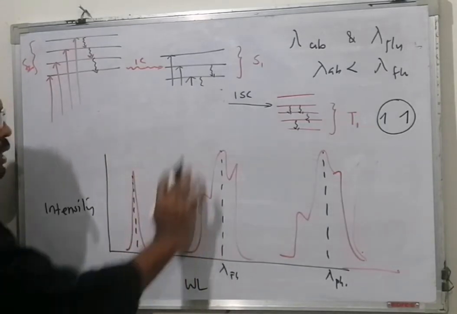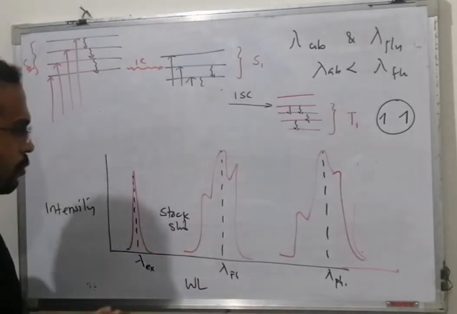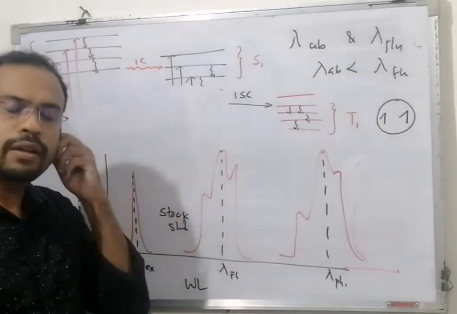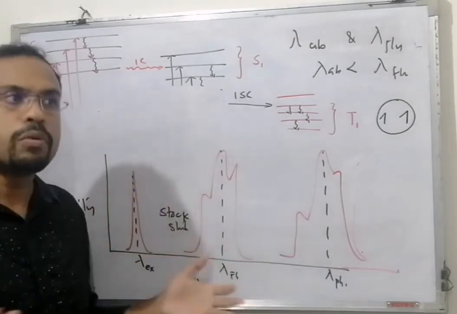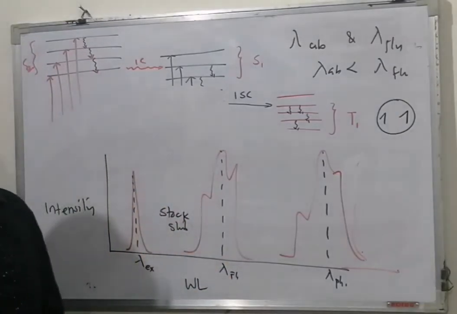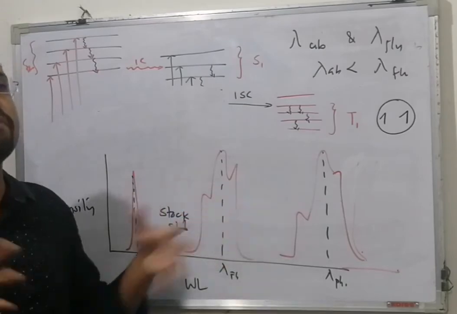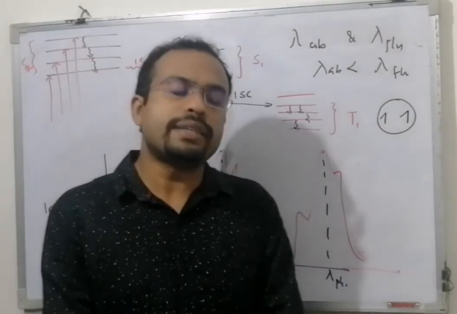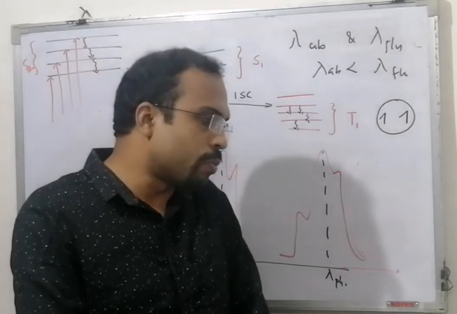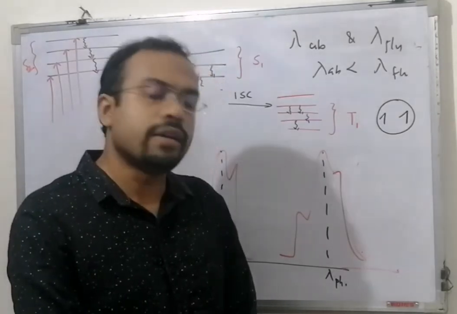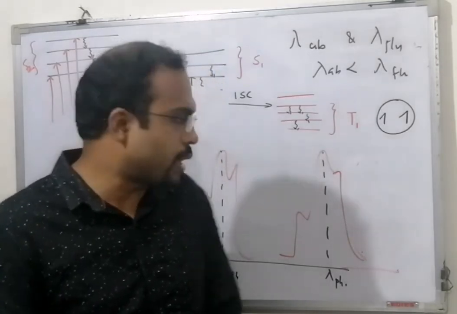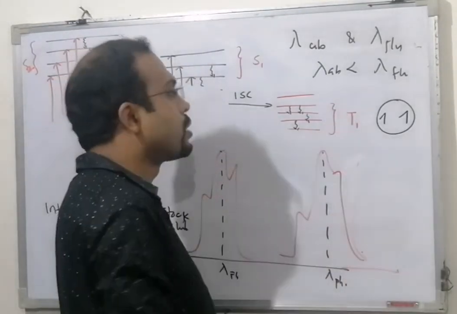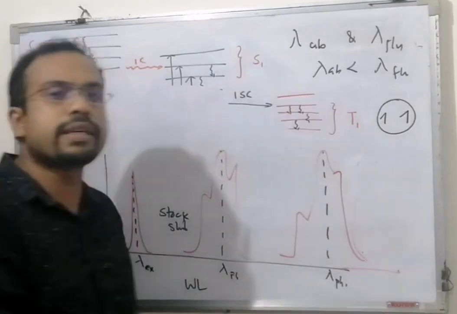And the fluorescent peak will be broad enough, because during fluorescence, more photons are emitted in a small period of time. In the singlet excited state, the lifetime is very small, like 10 raised to minus 15 second or minus 12 second. But here it is 10 raised to minus 1 to 10 raised to minus 4 seconds, the lifetime in the triplet excited state.